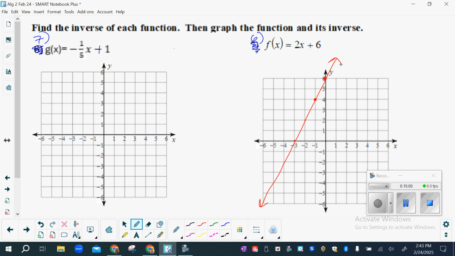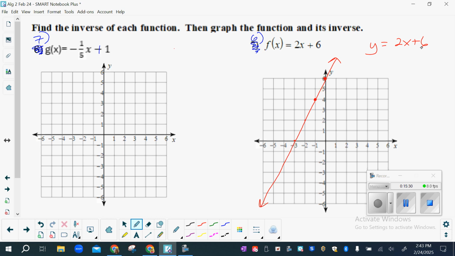So my next step for finding the inverse is doing what? Well, we're going to do it algebraically today. So we want to change that f of x to what? To y, that's right. So we get y equals 2x plus 6.